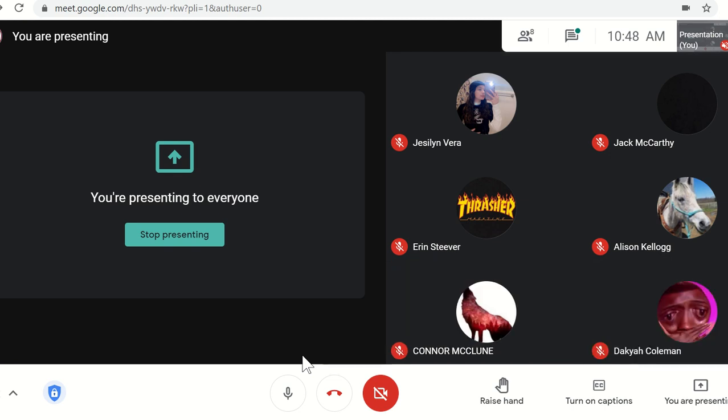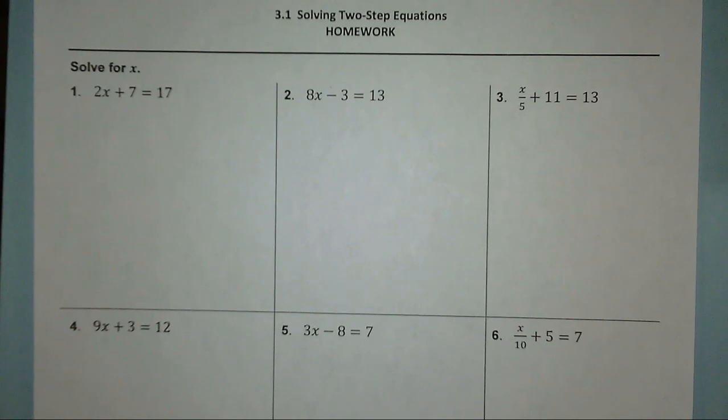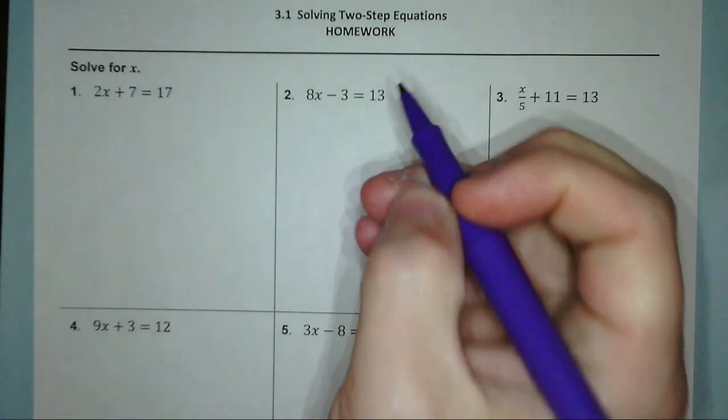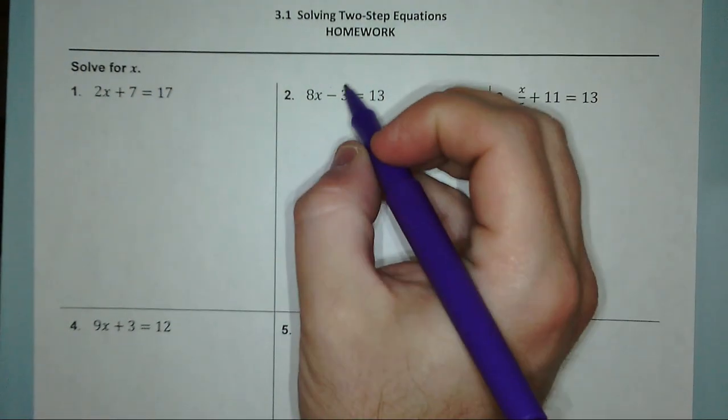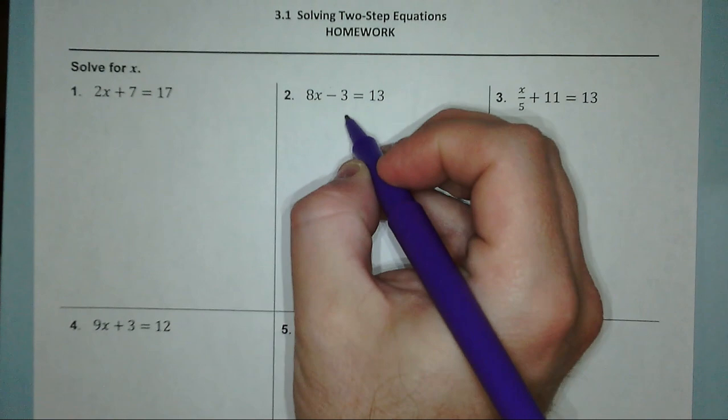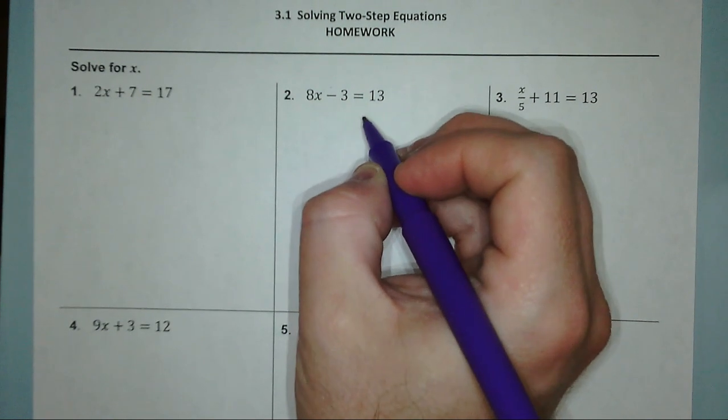Hey Connor, hey Dakaya, and we're gonna go right to the 3-1 homework, and we're gonna do just the evens. When you turn this in, all I need is the evens that we're gonna do. We're now doing equations.